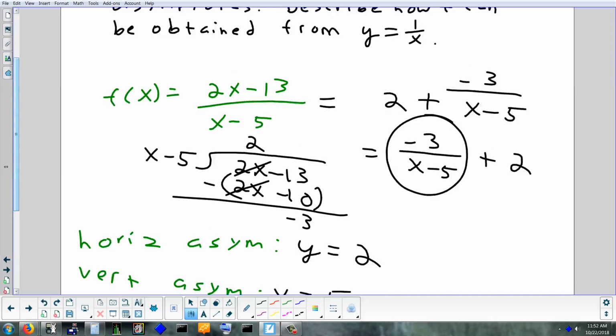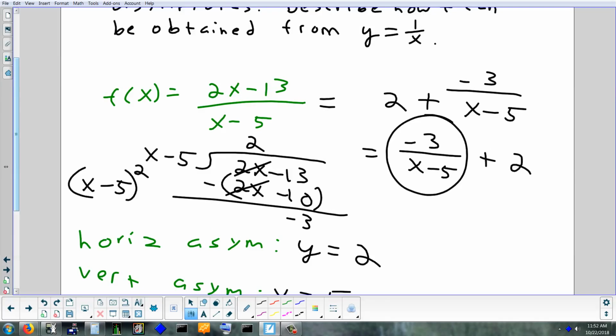That minus 5 is kind of like when we studied parabolas. It's kind of like putting a minus 5 inside the function. It's inside the denominator. Very different than if we put a minus 5 on the outside.